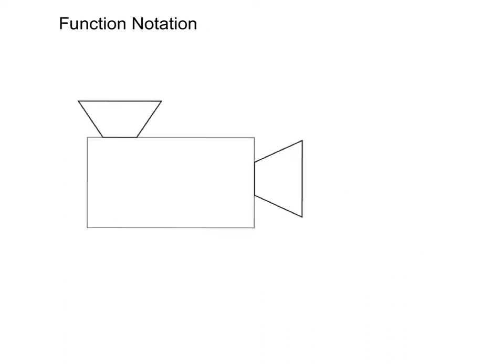How in math do we notate this? In math, for the input, most of the time we use x. So x usually represents the input, and then we use f of x for the output. The way you read this is not "fx" or "f times x."